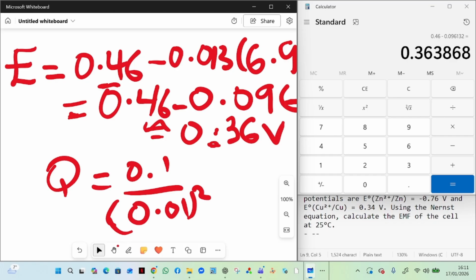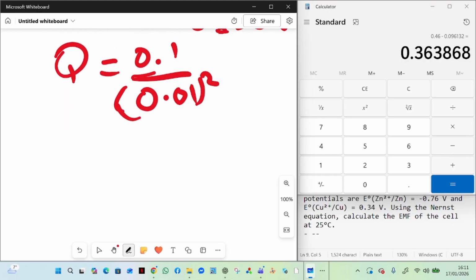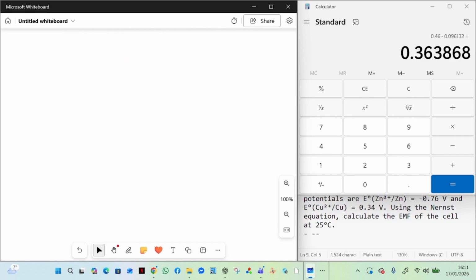So that shows the reason why less work is derived from the cell. To make the cell produce more work, you have to reduce the concentration at the anodic side and increase the concentration at the cathodic side.